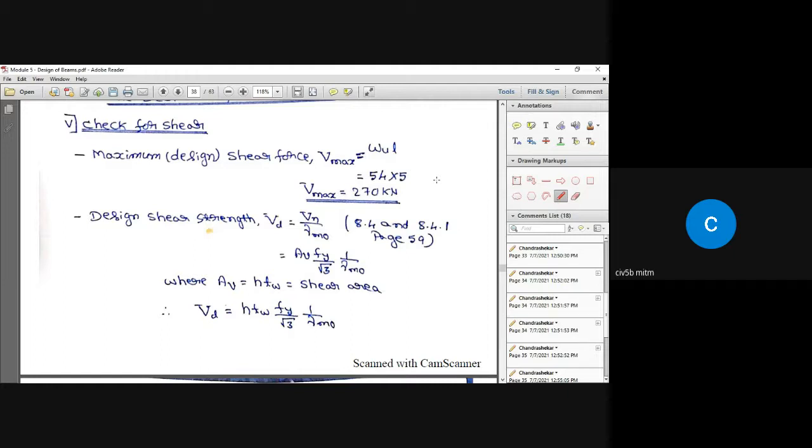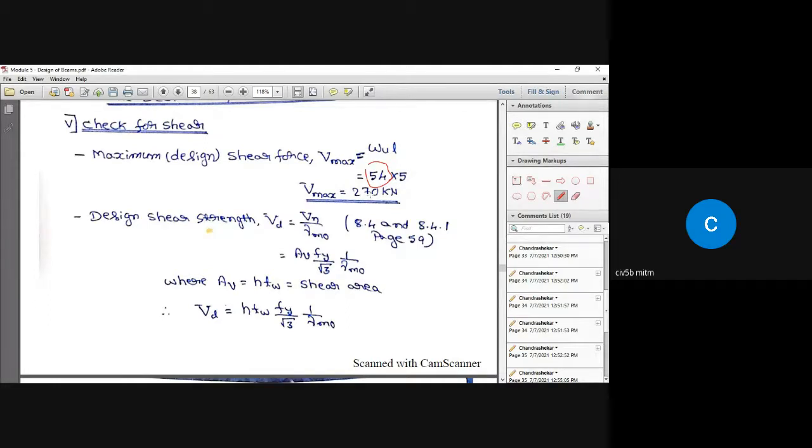So whatever the total load acting downwards is going to be the shear force at this support. That's why 54 is the design load multiplied by 5. 5 is the length of the cantilever beam. So Vmax value is equal to 270 kilonewton. 270 is that shear force due to the external load.